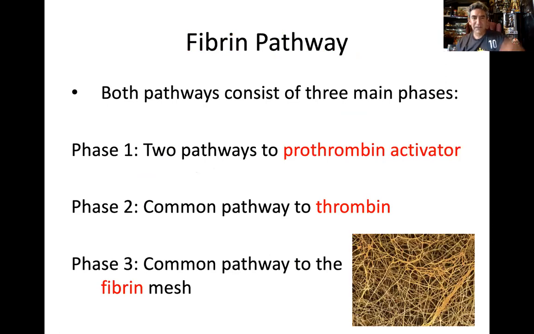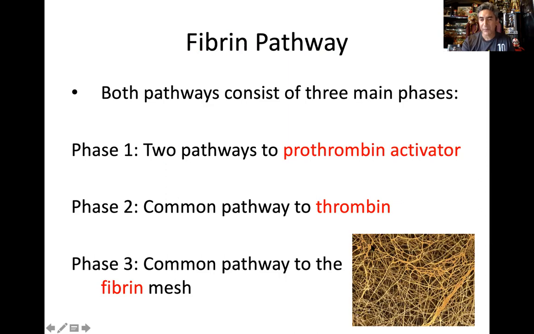So regardless, if it's extrinsic, the tissue factors, or intrinsic, the collagen, and normally both are working at the same time, we get to that prothrombin activator. There are two pathways to prothrombin activator. Once we get there, we go to a single common pathway to thrombin, and then thrombin initiates the formation of fibrin, our final blood clotting pathway.